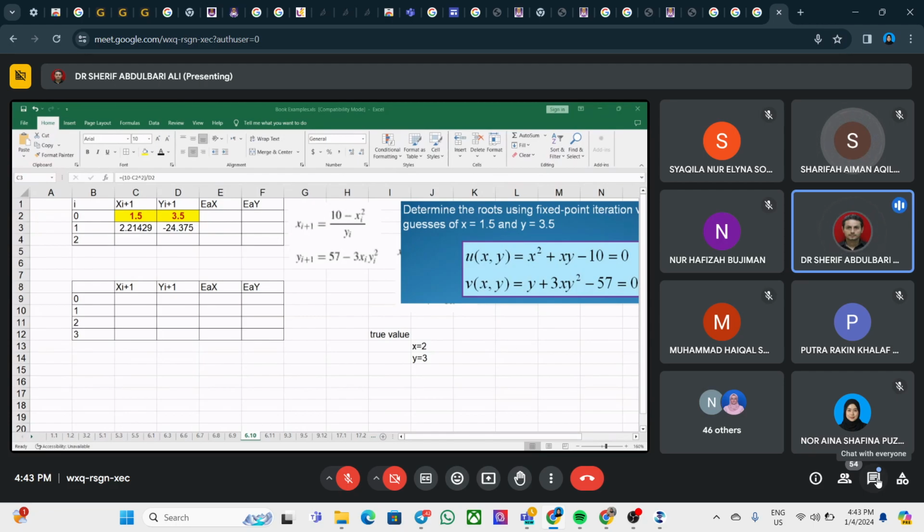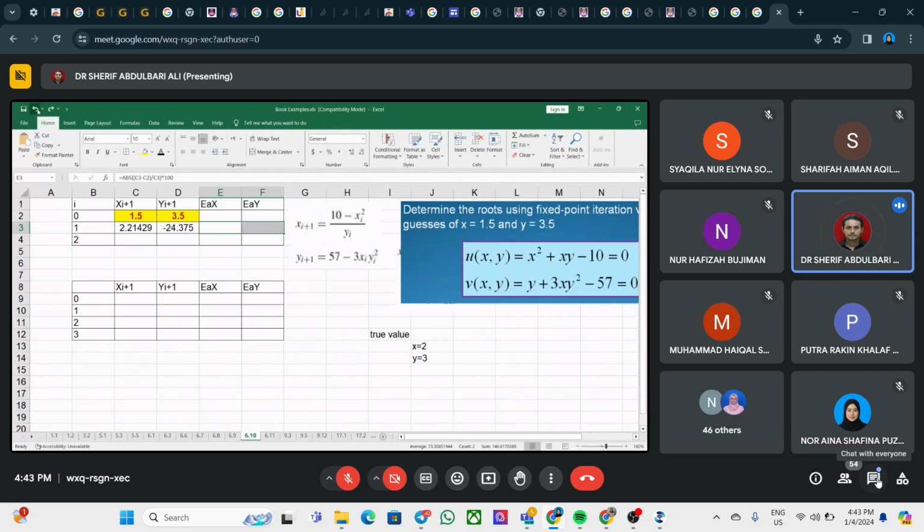Okay, now to clear up what's happening, remember I said that fixed point iteration is considered an open method. It could converge and it could diverge. How can I know that? Could you please calculate the value of the error for x and for y for these two iterations? I want you to calculate the approximate error.